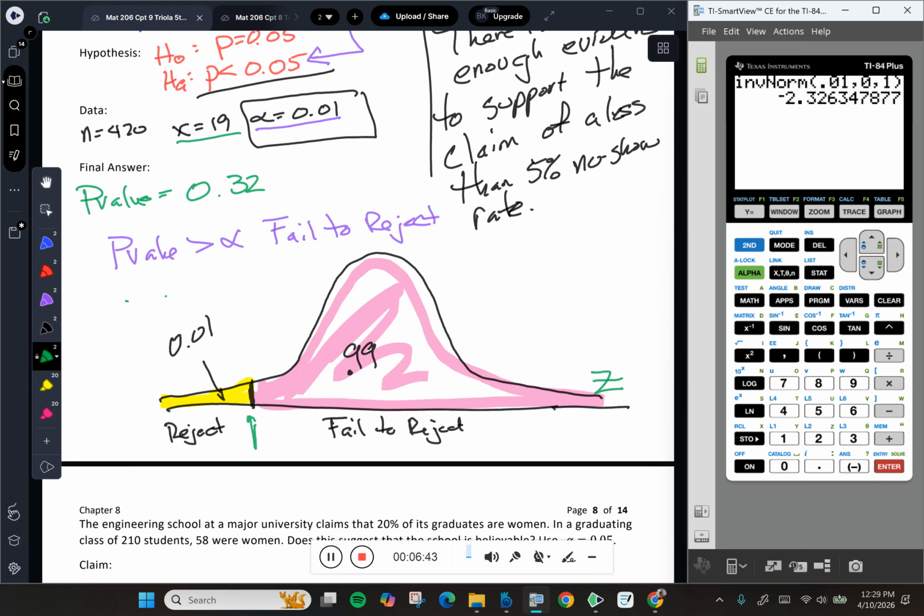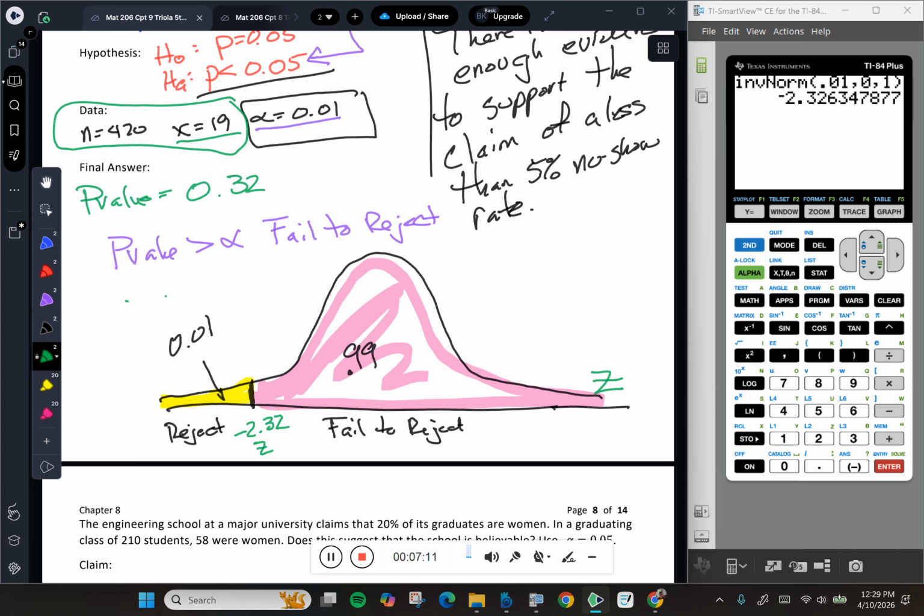And so that would give me that this cut here is negative 2.32 as a z-score, right? So now if I were to take this data and turn that data into a z-score, and I hope you kind of remember how to do that from our binomial approximations, right?